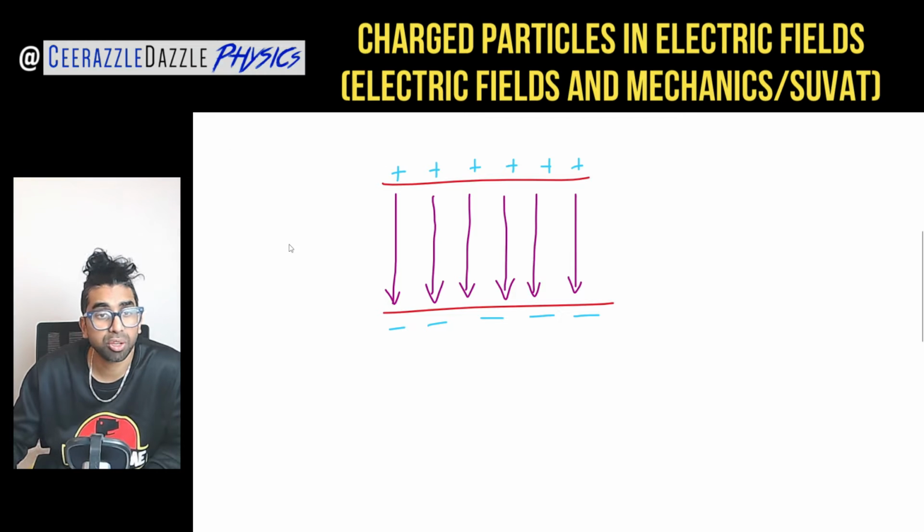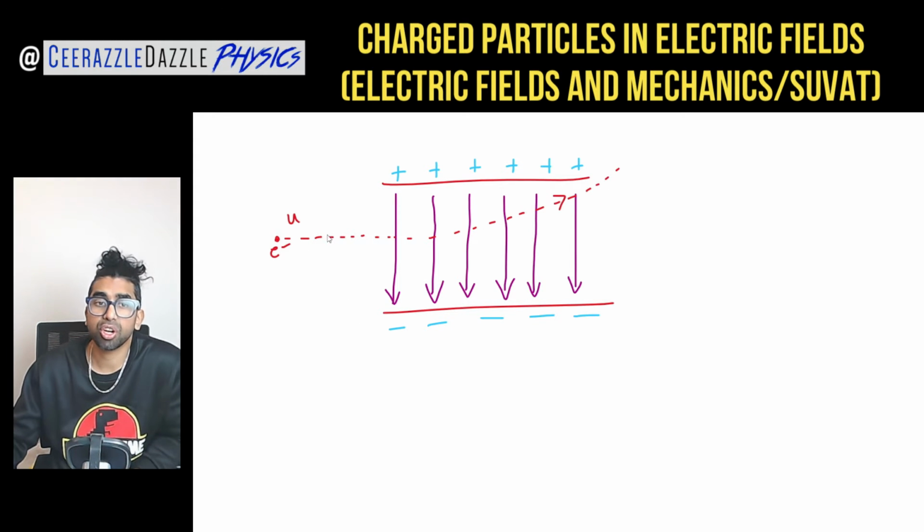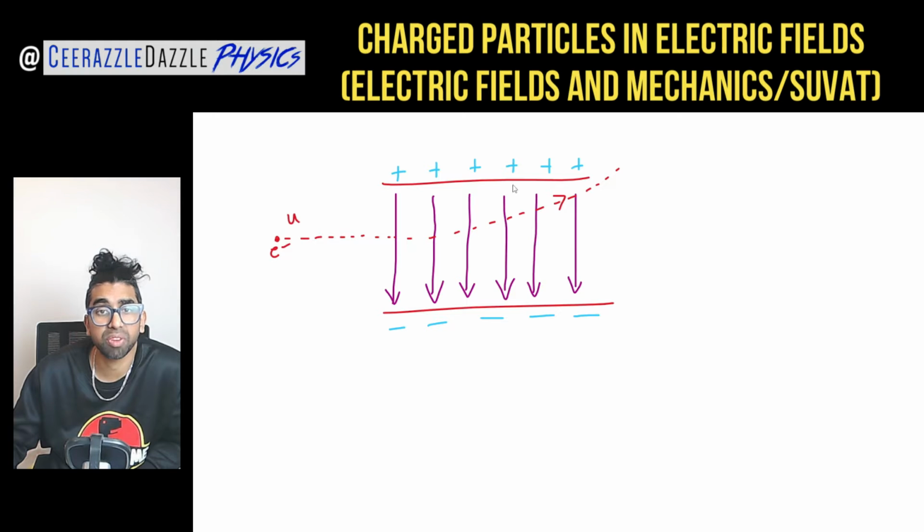Now let's fire a particle into it. So let's just fire an electron. So here's an electron right now. Let's say it has a velocity u initially. So we know that it will enter, and because it's negatively charged, it will curve upwards over here. Very good. So we know that charged particles will be deflected within an electric field.